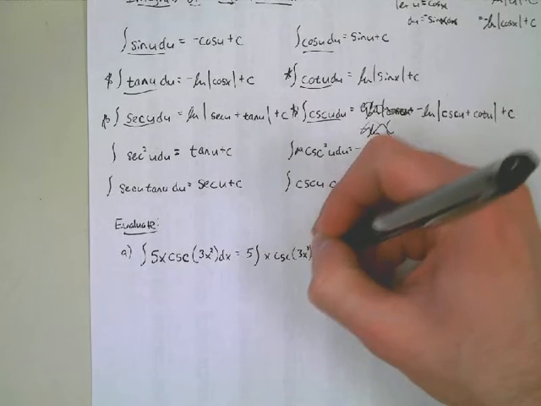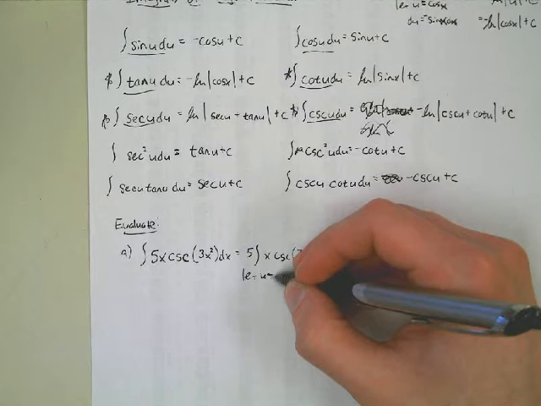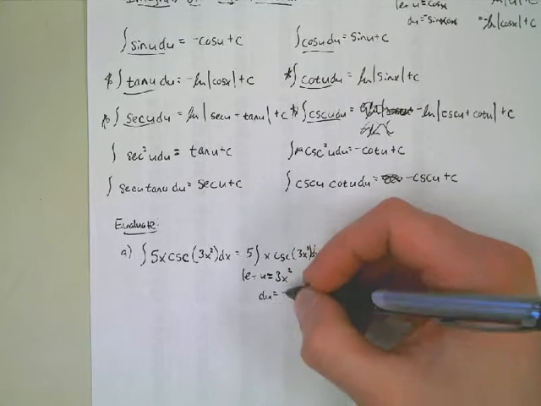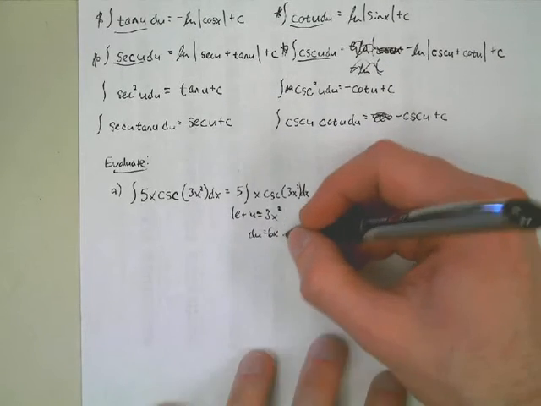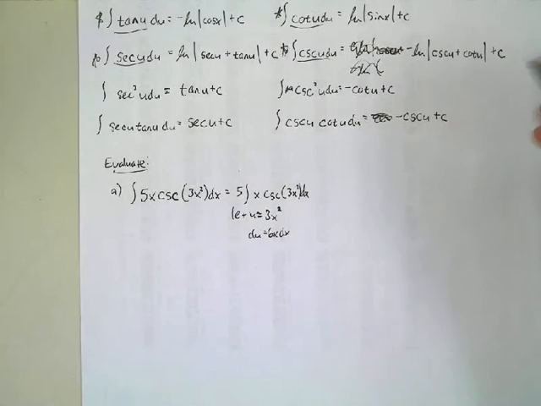Okay, so we'll let u equal 3x squared. So then du is going to be what there, Brandon? Yeah, 6x dx. Be careful with the dx. Do we have 6x dx in our problem here? We just have the x dx.